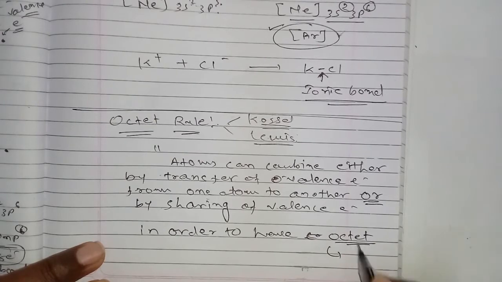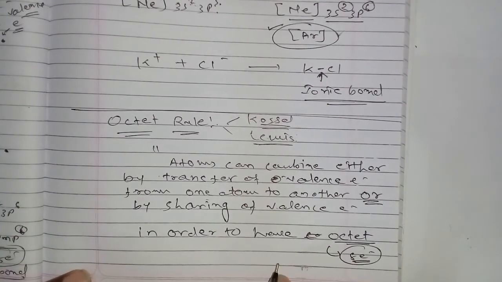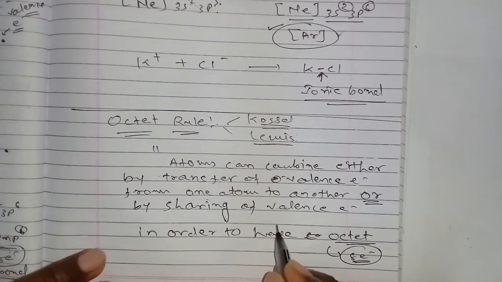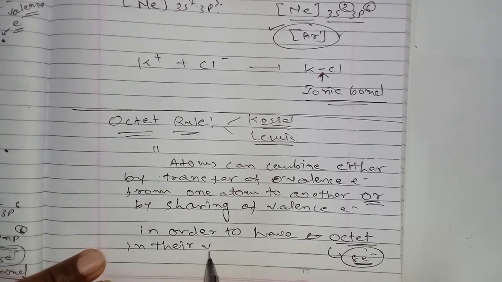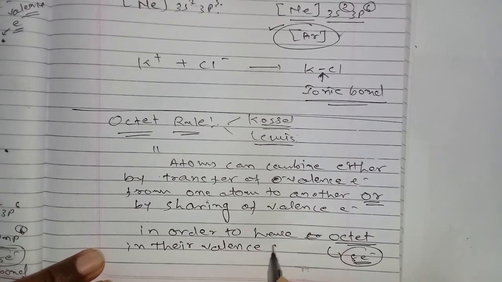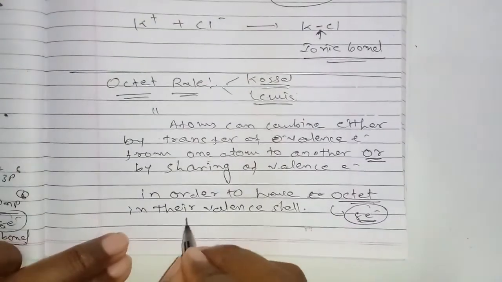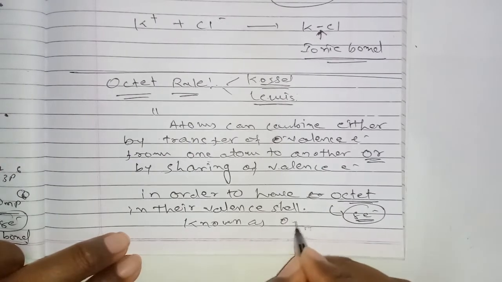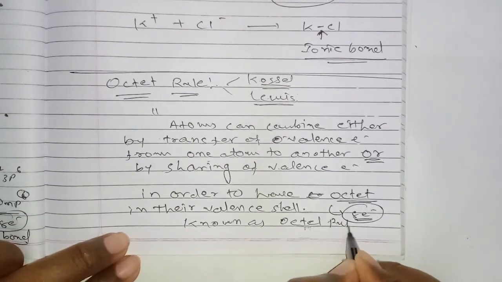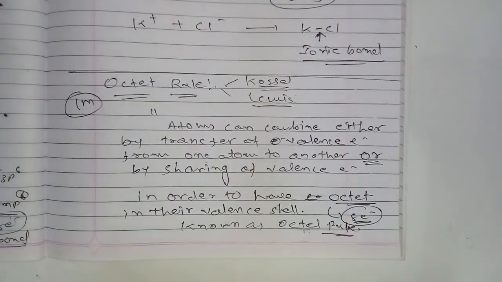Octet means there are 8 electrons in the outermost shell. Atoms have an octet in their valence shell, and this is known as the octet rule. It is very important for the 1 mark.